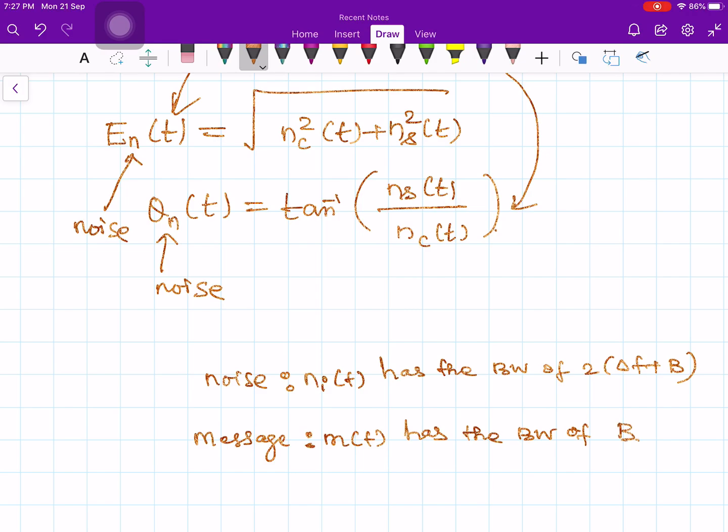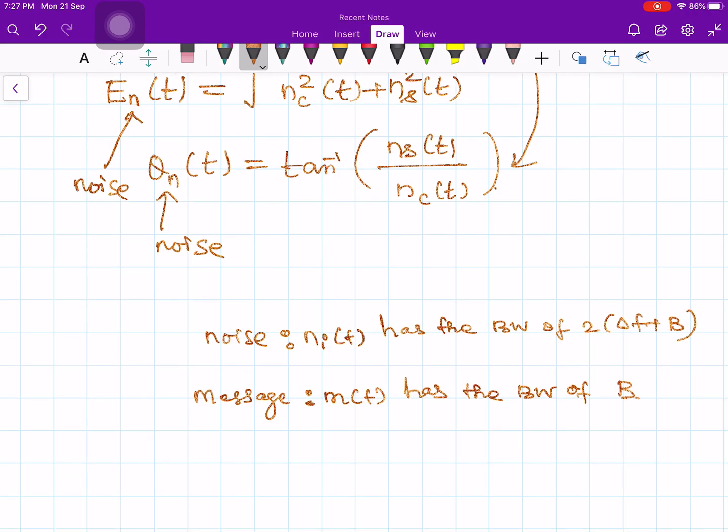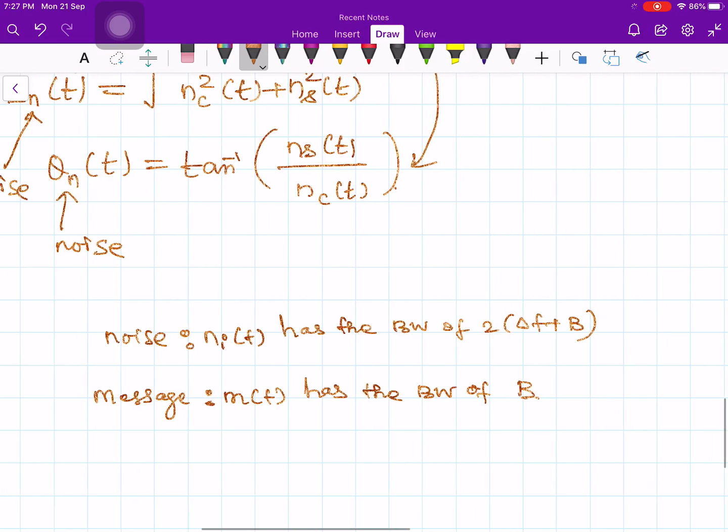That means the noise you are considering at the demodulator input has a much larger bandwidth. Typically this is equal to 180 kilohertz, and the message bandwidth is typically 15 kilohertz for an FM system. Therefore, delta f alone is greater than B.